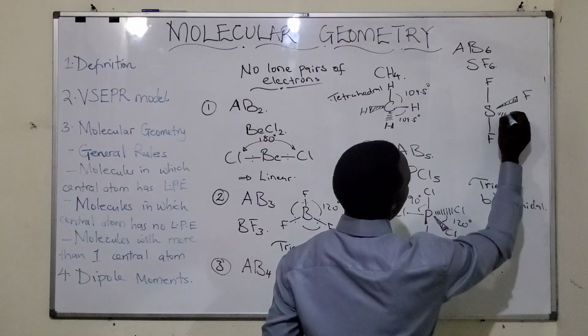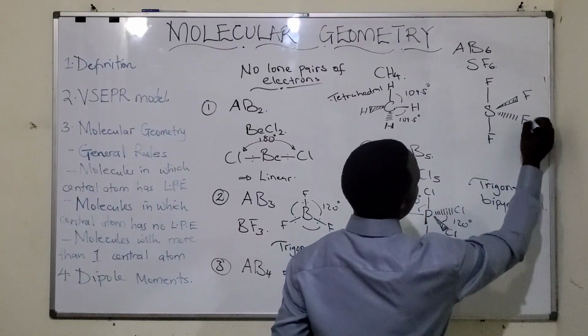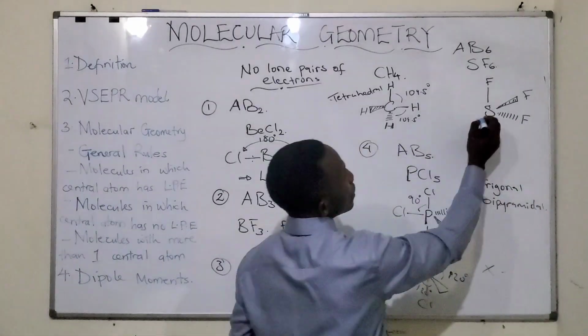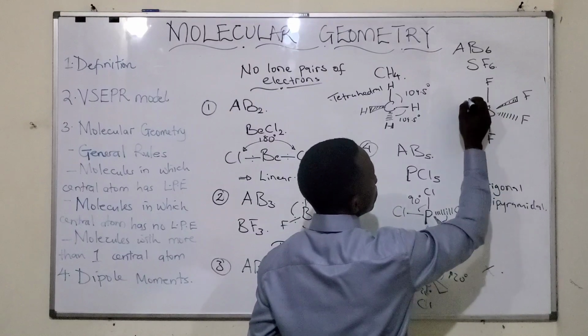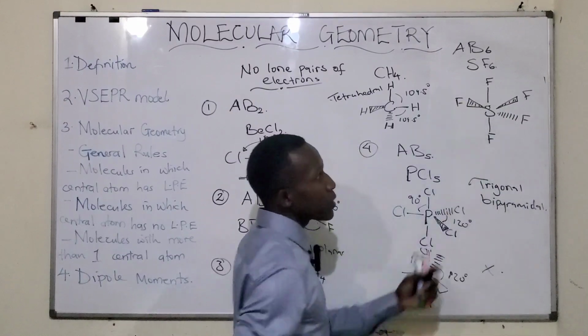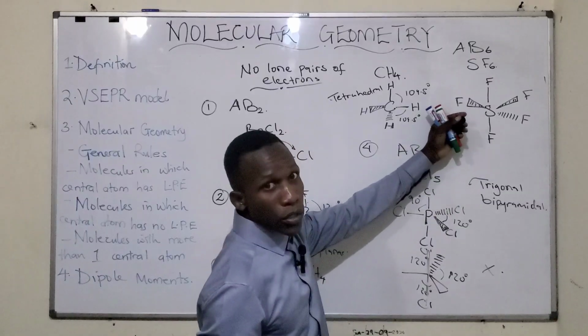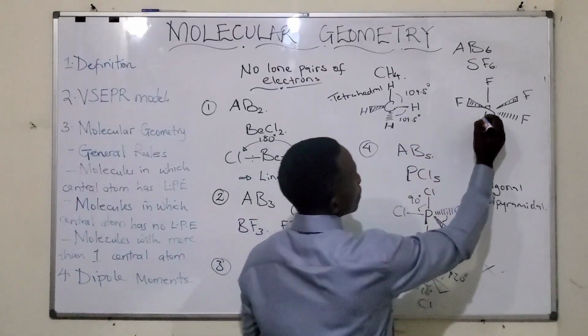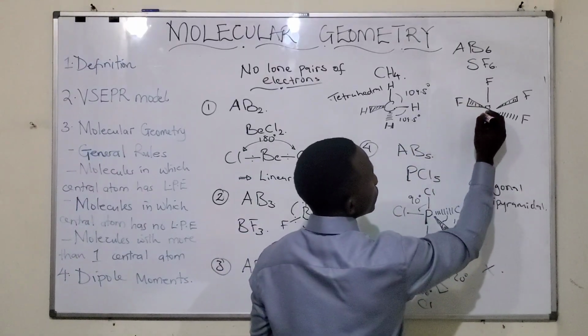Then we have another fluorine line. It's the other side of the board. So it's the same thing here. This one is coming from the board towards you. Then this one goes the other side of the board.